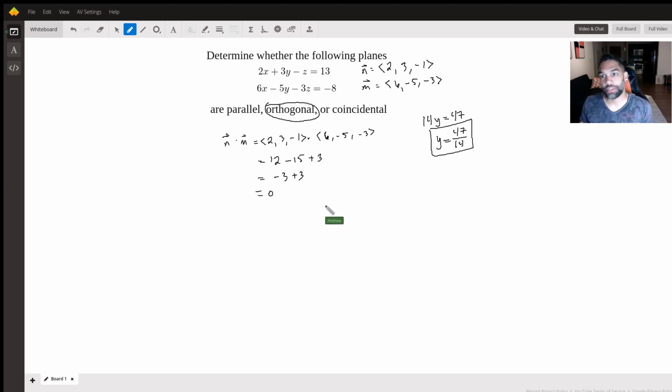That tells us that they do intersect at some point. Then we could ask, is it true that all values of x and z solve these equations? In other words, no matter what I put in for x, y, and z, will they always solve the equations?